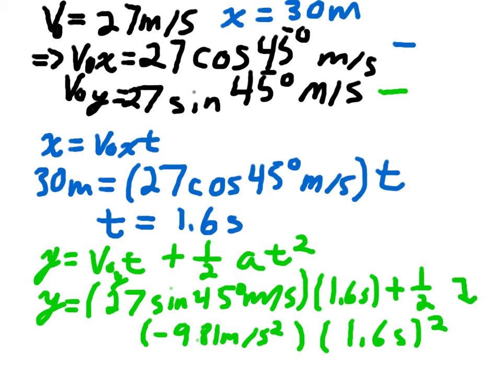Times negative 9.81 meters per second squared. If I set the ground as the origin, up is positive in y, down is negative in y, and so gravity pulls down, negative 9.81 meters per second squared, times the time I found from x, 1.6 seconds squared. And then if I do out that math, my final answer is, drumroll please, y equals 18 meters.